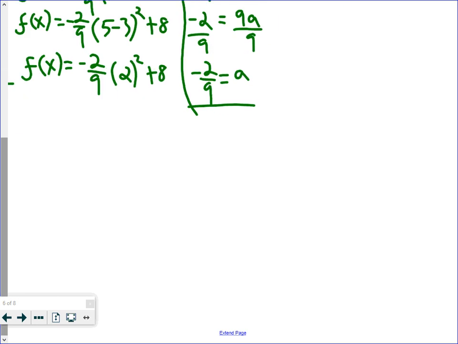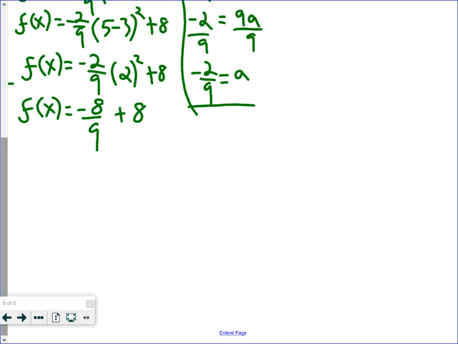So if 2 squared is 4, 4 times negative 2 just gives us negative 8, right? So we multiply the 4 with the 2 ninths, so we get negative 8 over 9, all that plus 8. And to add these up, remember to add fractions with other numbers, the denominator has to be the same on both numbers.